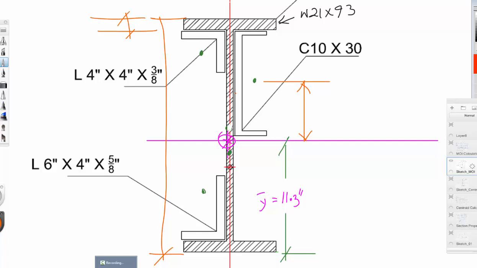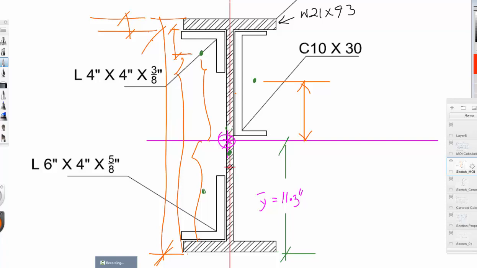Then I'll be left with the distance from here to here. Then if I subtract this distance, which is the x or y, I'll be left with the distance from here to here. And if I subtract this distance, I'll get the distance from here to here, which is what I want.